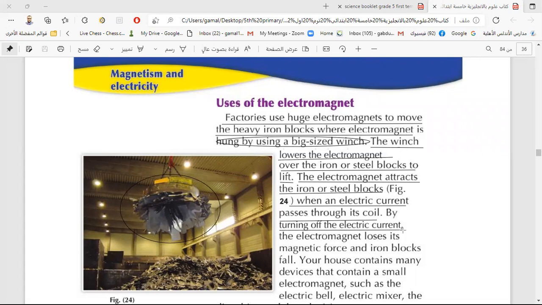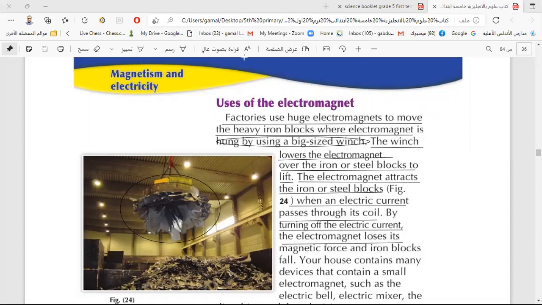If we turn off the electric current, if we disconnect the electromagnet from the electricity, the electromagnet loses its magnetism and becomes not a magnet immediately. So we call it the electromagnet is a temporary magnet.